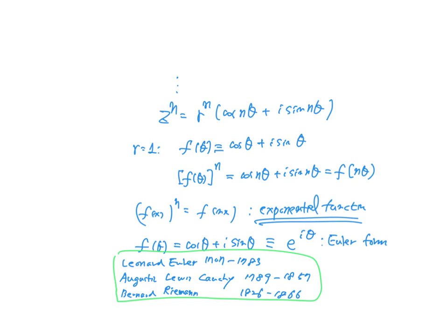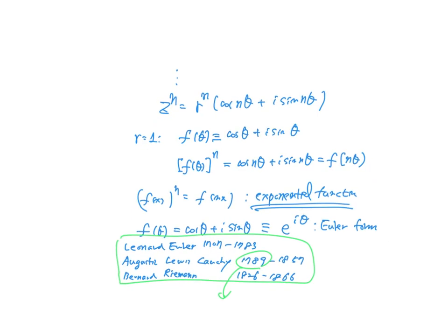Cauchy. This is a very particular number, 1789. It's the year of the French Revolution, Bastille Day. So Cauchy was born in the year of the French Revolution, and actually he made a revolutionary discovery in mathematics too.